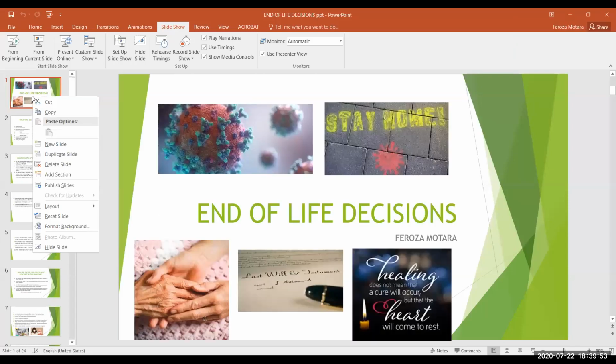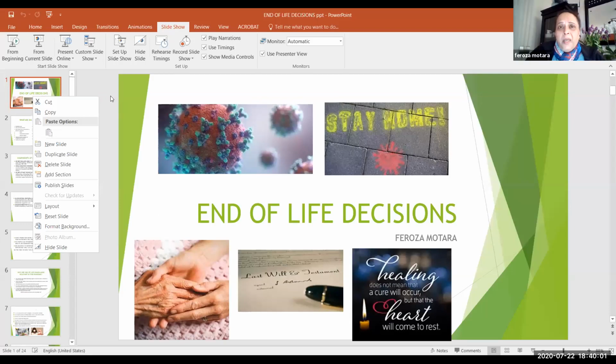So the first question was, is an advanced directive the same as a living will? Not necessarily. An advanced directive is simply providing guidance in terms of what your wishes will be, should I not be competent to make a decision. A living will is saying, what do I want to happen? Do I want advanced life support? Do I want to be put on a ventilator?